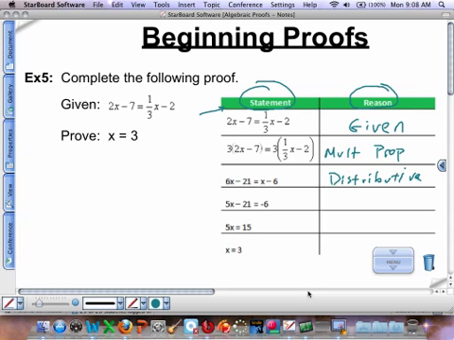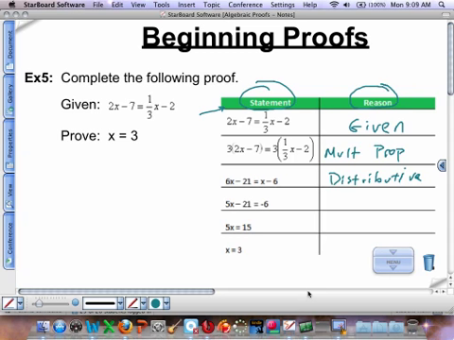Okay, line 4. What changed? What did we do? Balin? Add 21 to both sides.